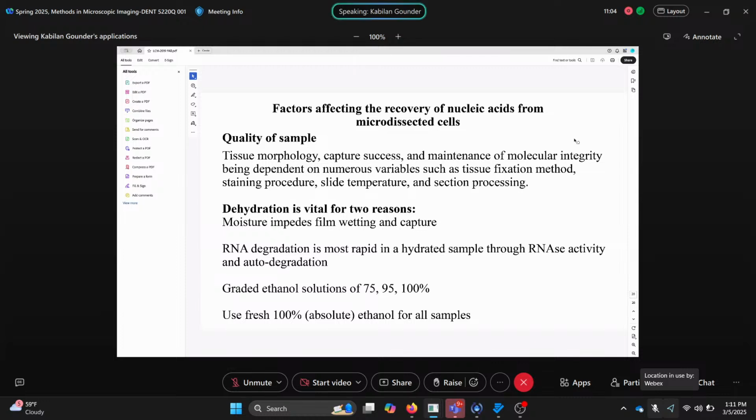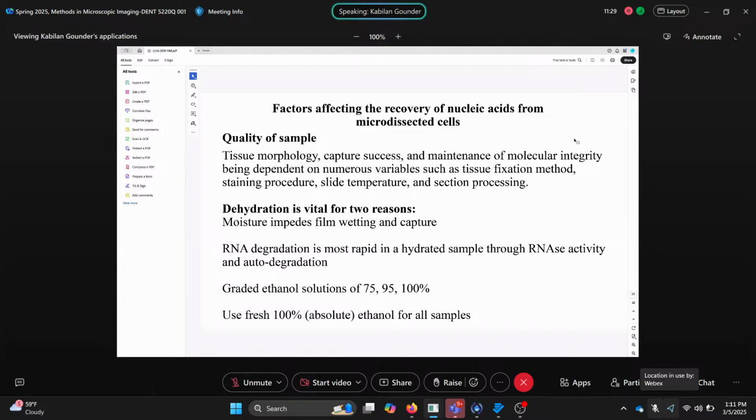So what's the quality of a sample? Our main goal, if you really want to isolate the cells based on the morphology, based on the structure, how it looks, then you have to make sure that the process is good.